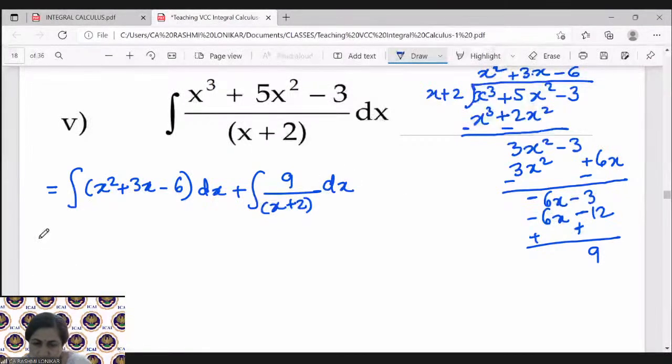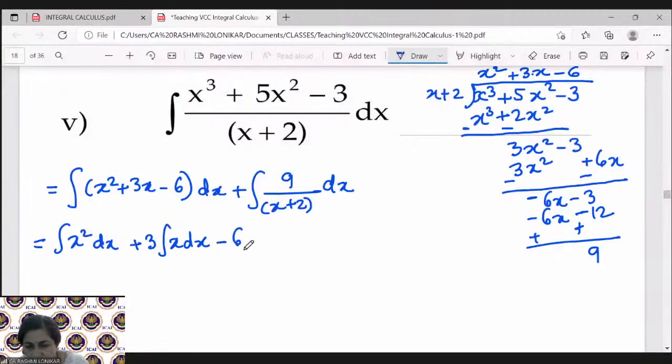So what will I be left with when I want to integrate this? This is equal to the integration of x square dx plus 3 into the integration of x dx minus 6 into the integration of 1 dx plus the integration of 9 upon x plus 2 dx.